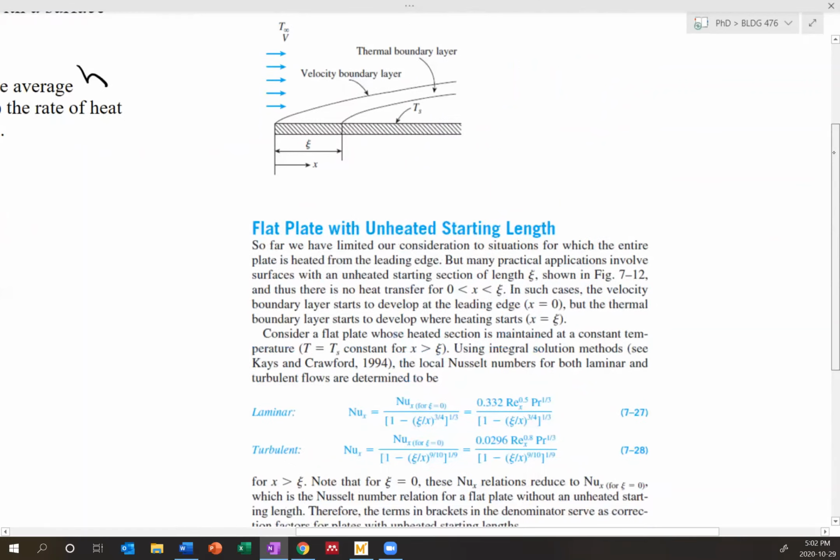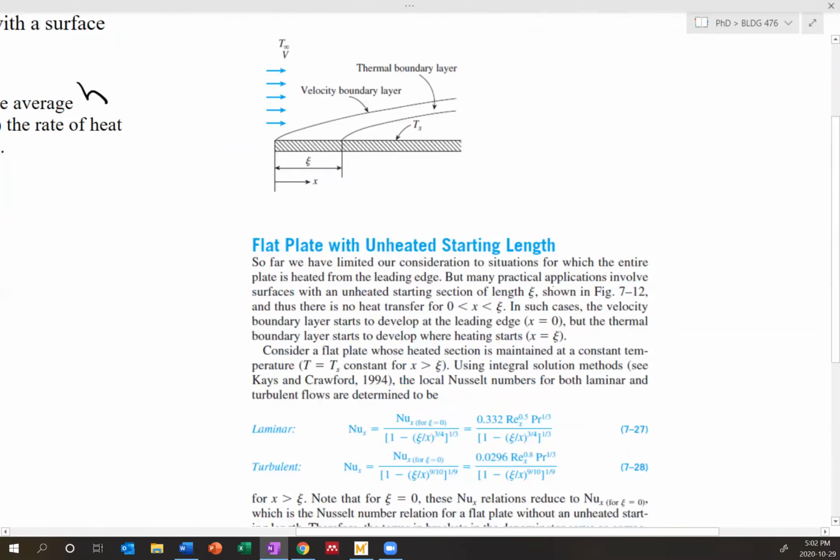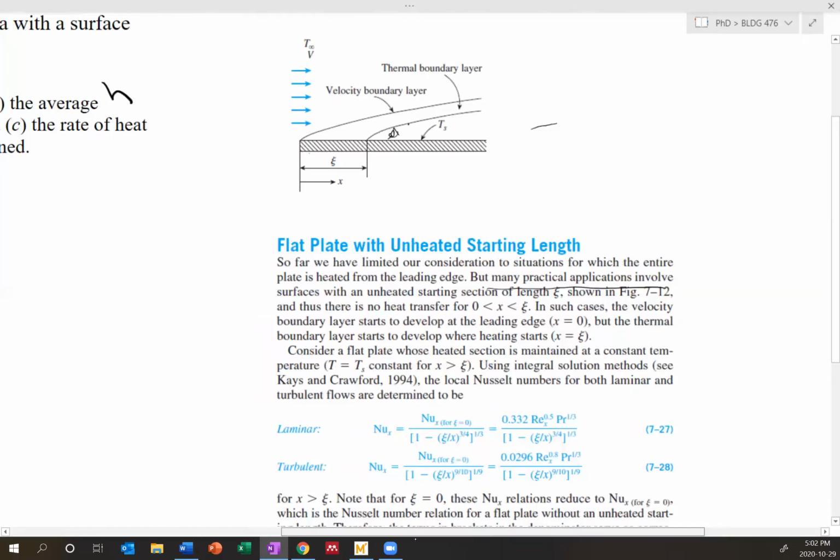They say there are many practical applications for this. In the last one, as the flow developed along the plate, the h changed. This is a situation where your temperature or heat transfer might develop after your flow develops. Again, just a specific situation for that.